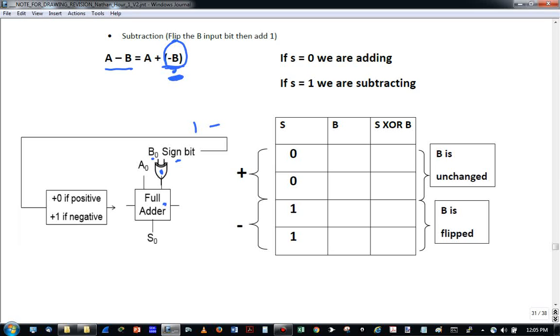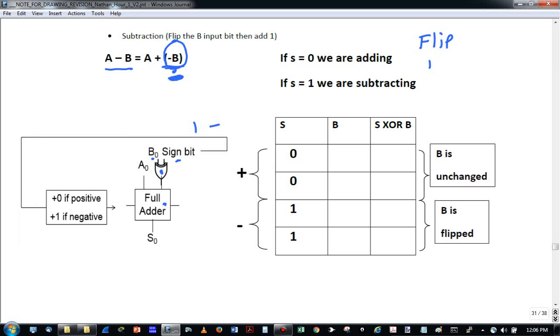The other thing is when we're using 2's complement, we have two steps. We flip the bits and we add 1. So when the sign bit is a 1, we're doing subtraction. The B bit will be flipped, and you'll see this line coming around here, and it will plug a 1 into the farthest carry in. So a 1 will be added to the eventual value.